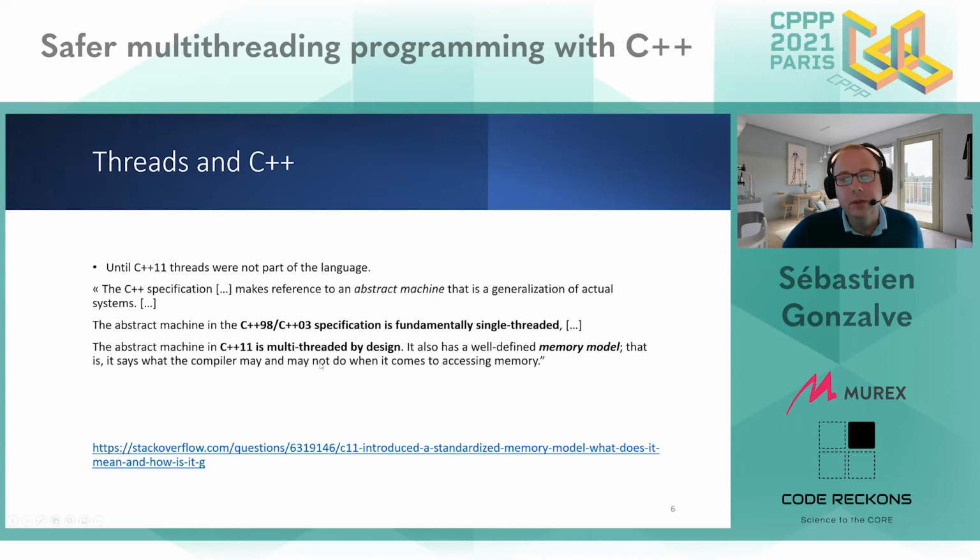Prior to 11, it was working, but more because the compilers were doing their jobs than because the language was allowing it. So it relies a lot on the memory model. We'll talk about it later. But now it came in C++11, and you may do threads inside the language itself.